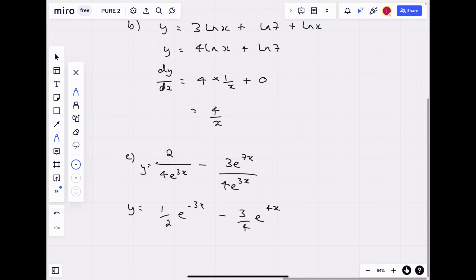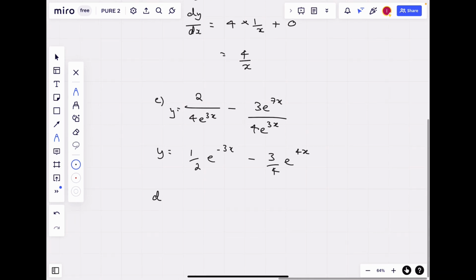This is the point where you can start differentiating. Now when you differentiate, you should get minus 3 over 2 e to the power of minus 3x minus 3e to the power of 4x. Because 3/4 times 4 is just 3. There you go. That's making use of a couple of the trig rules and a few of the exponential rules.